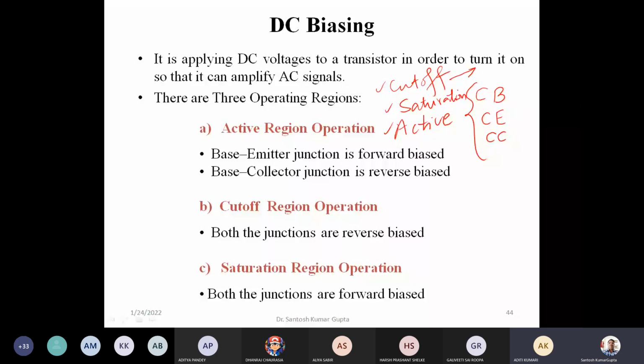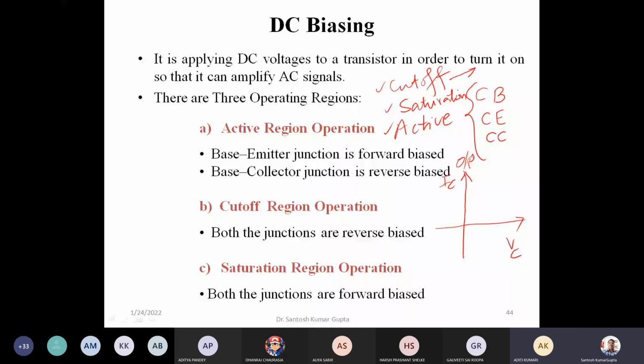And in most of the characteristics, we have seen that the output characteristic is important for us. In the output characteristic, we draw the characteristic between the output current IC and the output voltage, having the terminal collector.